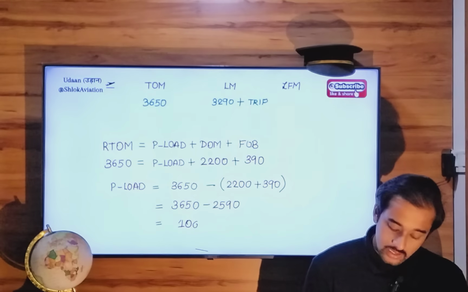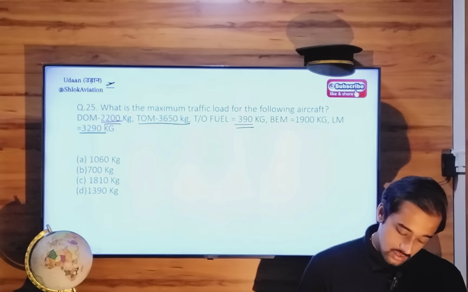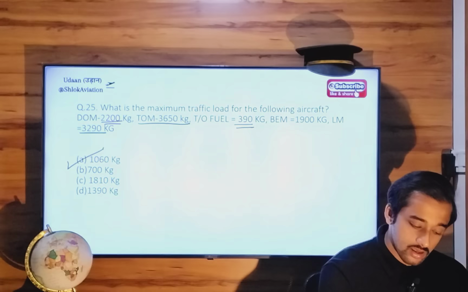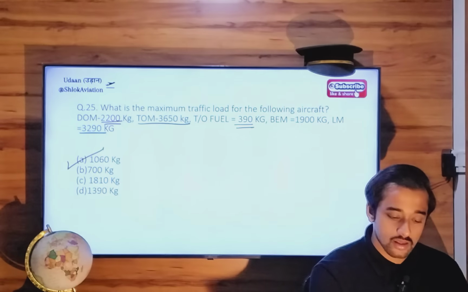So payload is 1060. Okay. So the correct option will be option A.